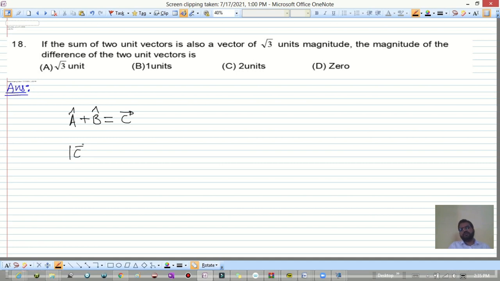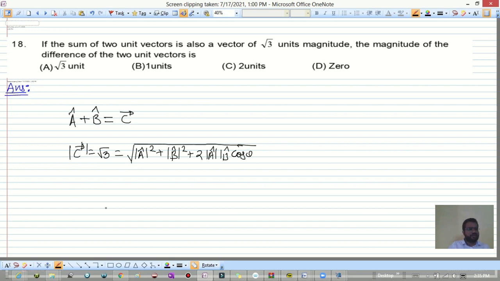So what is the magnitude of c bar given? It is equal to root 3, and we know how to calculate the magnitude. Magnitude of a hat squared plus magnitude of b hat squared plus 2 magnitude of a hat, magnitude of b hat into cosine of the angle between them.